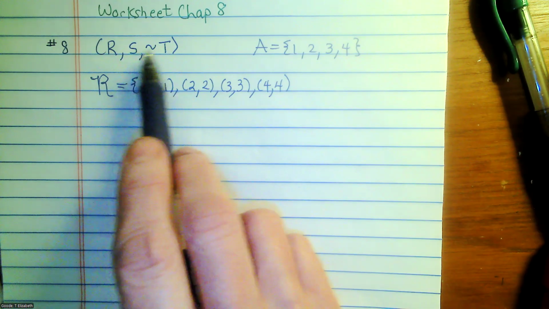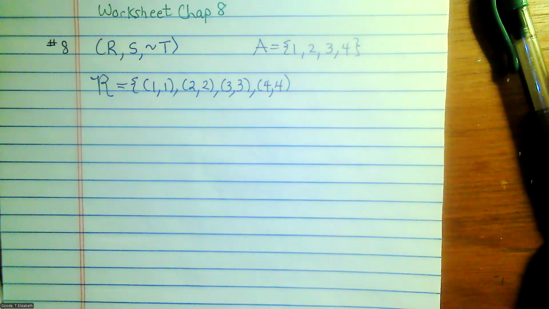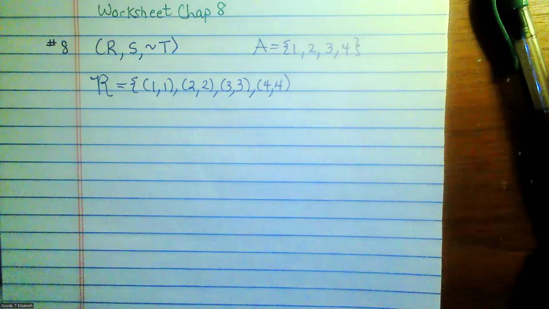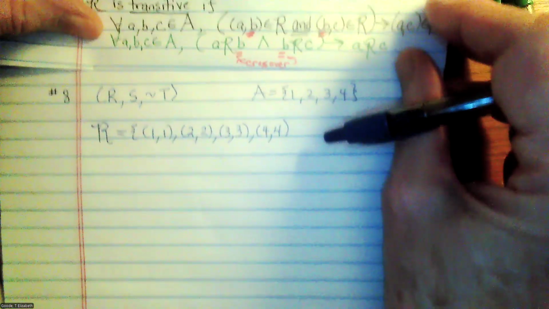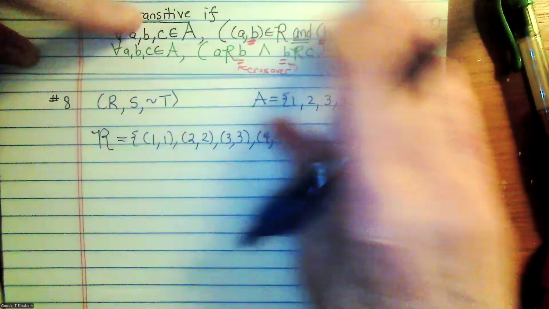Okay, we've got that, but we want it to be not transitive. So we need to add enough elements to satisfy the hypothesis of transitivity, but we want to make sure that the conclusion of transitivity fails. So let's just take a look at our definition of transitivity.